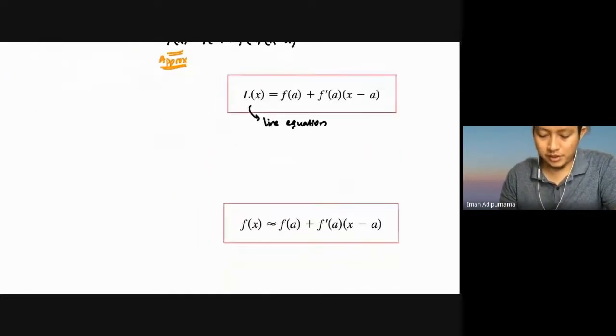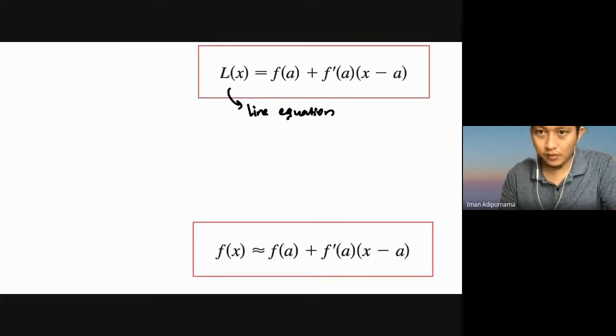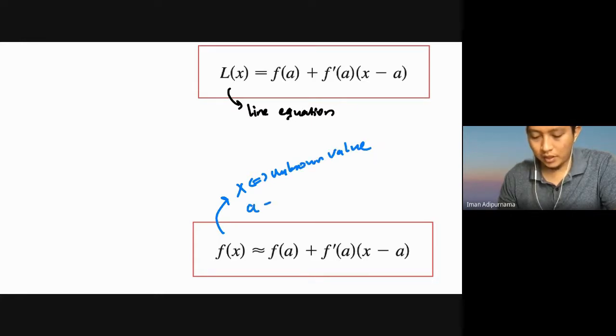While in an approximation, you are dealing with x, the unknown value, and a is usually the known value.